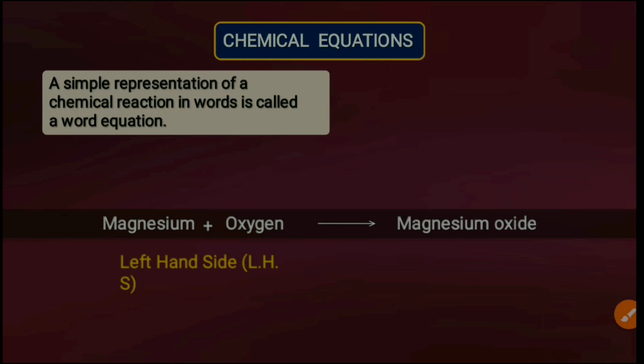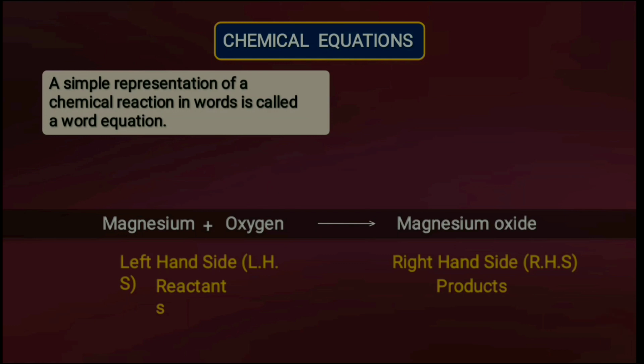See here, all of you. Whatever we see on the left side of the reaction is called the left hand side, and whatever is present on the left side is called the reactants. Whatever is present on the right hand side is called the products.